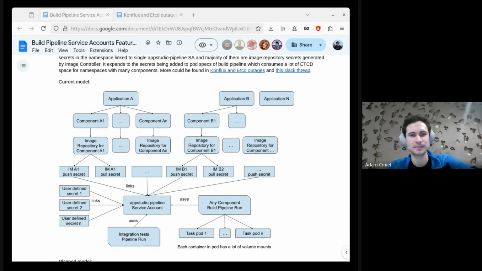Right. So you think there's still value in going for multiple service accounts because it might be a step towards addressing the weakness? Right.